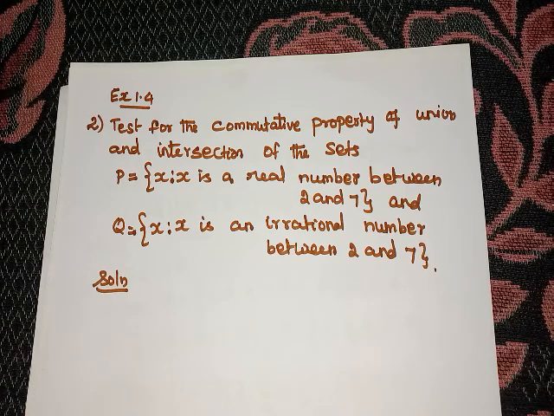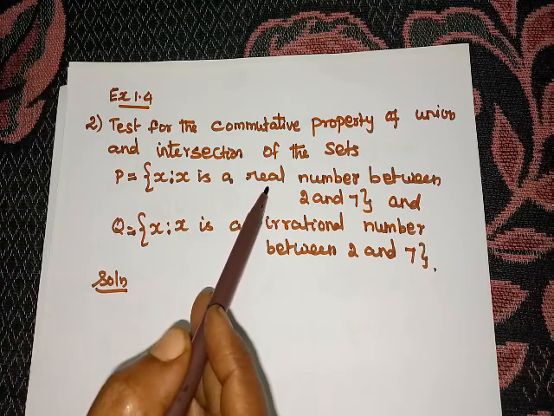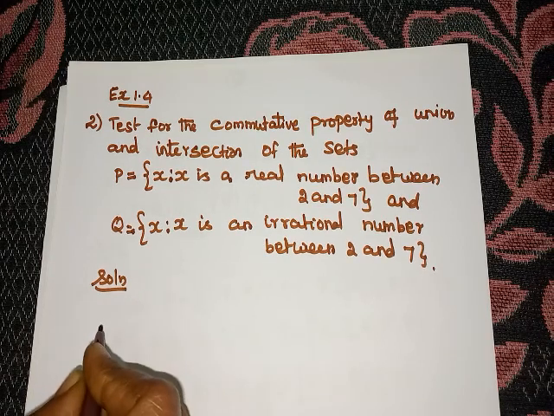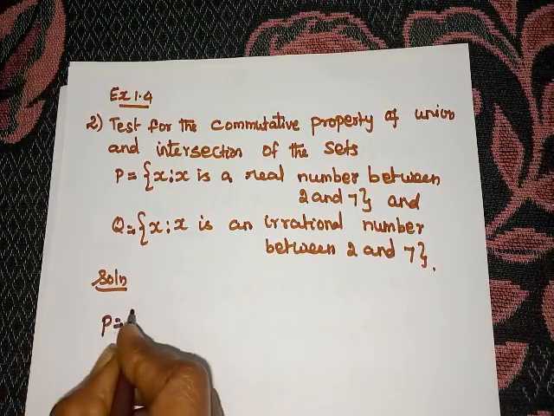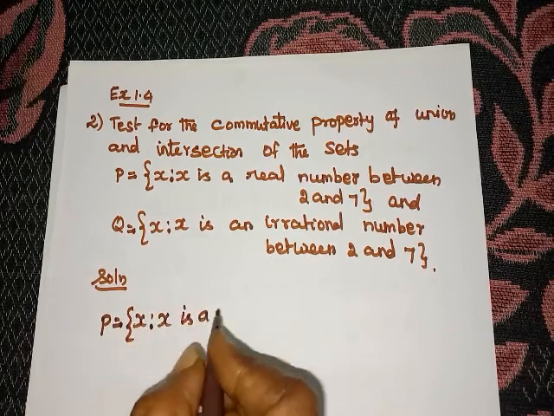Okay. So here the question is given, P is equal to {X such that X is a real number between 2 and 7}. We know that real number means the union of rational and irrational numbers. Why?